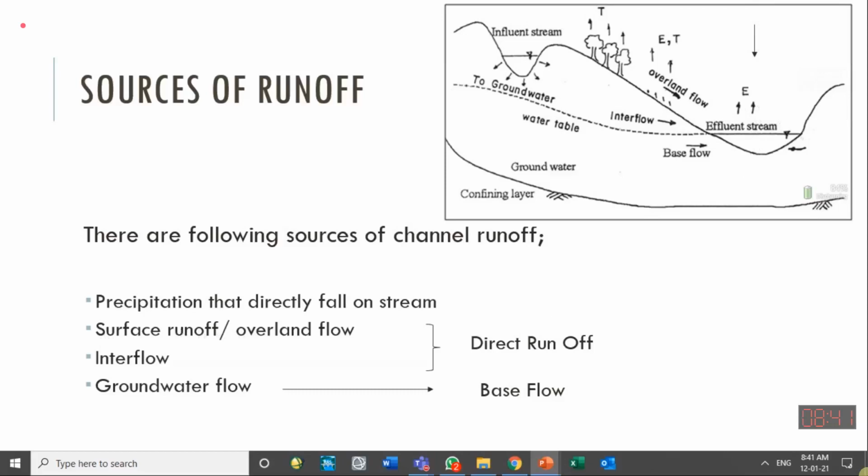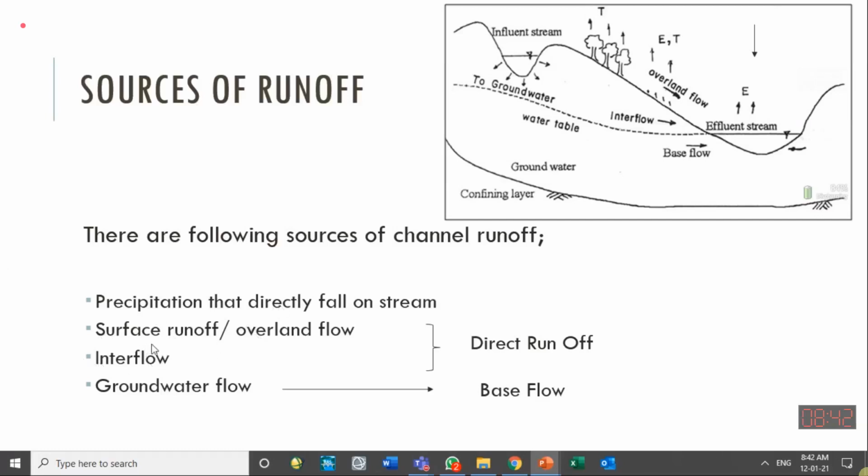In some area close to the channel, we have precipitation and the surface runoff reaches directly to the stream. That surface runoff has not yet combined together, and it has not made the shape of the channel. So overland flow can also reach the channel.